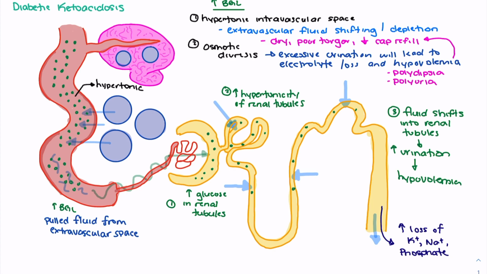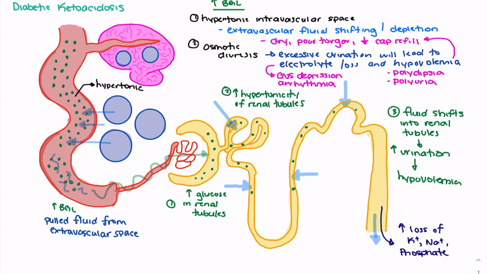So we see polydipsia, polyuria, and then signs of poor perfusion or hypovolemia. When we look at electrolyte loss, this can lead to CNS depression and can lead to the formation of arrhythmia. So we need to be mindful of those things as well. CNS depression and arrhythmia are common consequences of the electrolyte depletion that we see for these patients.